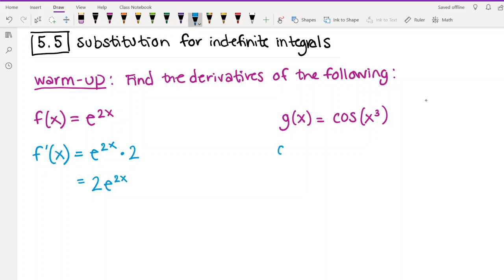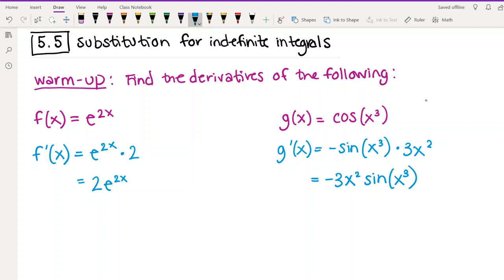In this case, our outer function is cosine, right? So what's the derivative of cosine? It's negative sine. And so then we have negative sine of x cubed. And then we have to multiply that by the derivative of our inside function, which in this case is x cubed. So that gives us negative 3x squared times sine of x cubed.